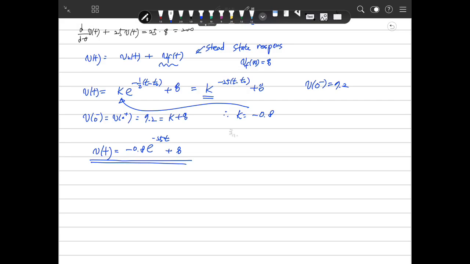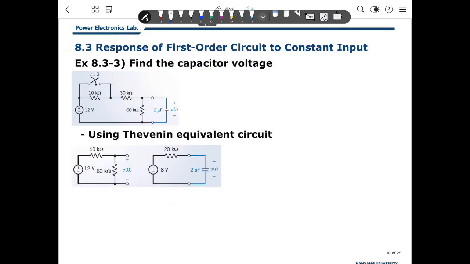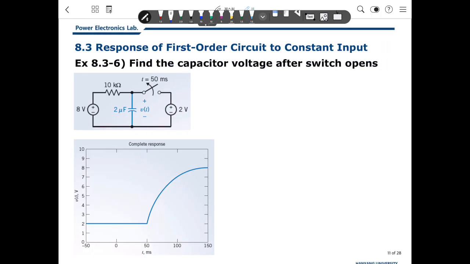We have another example over here. Find the capacitor voltage after the switch is open. You know, this is the same circuit, 8 volt. Okay, you can use it.